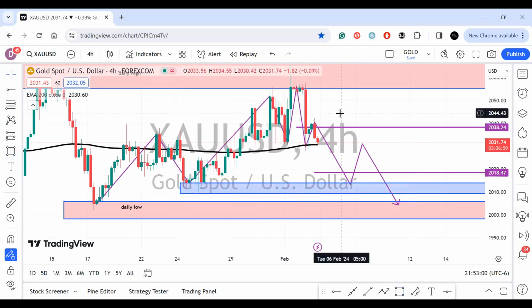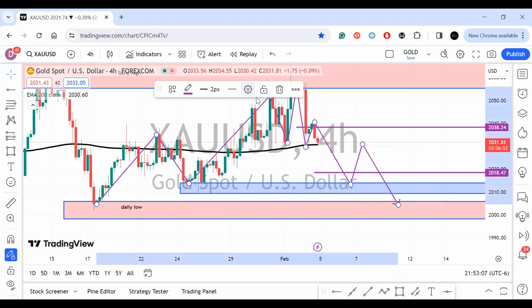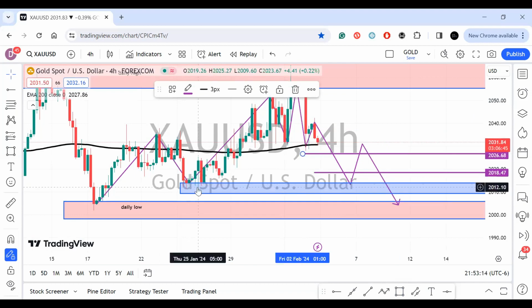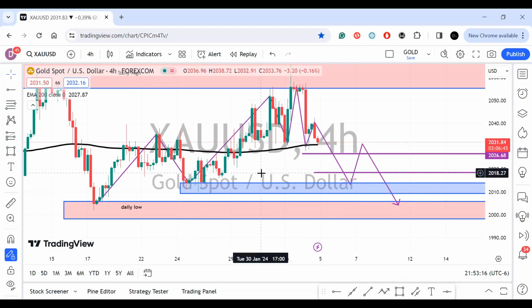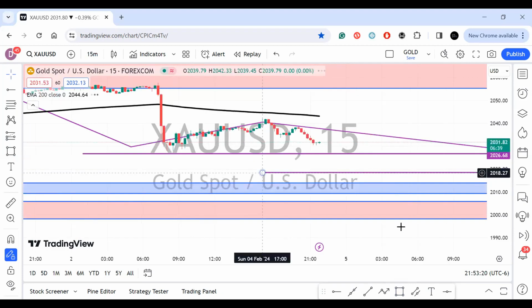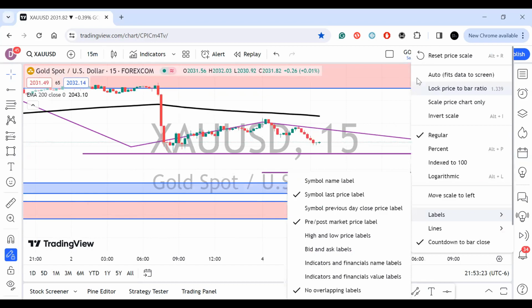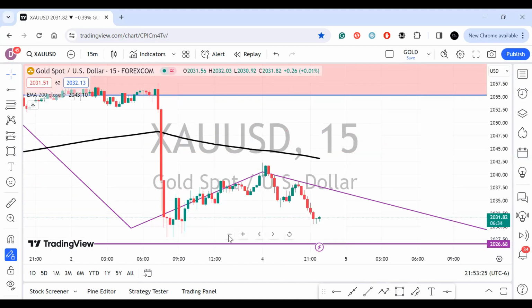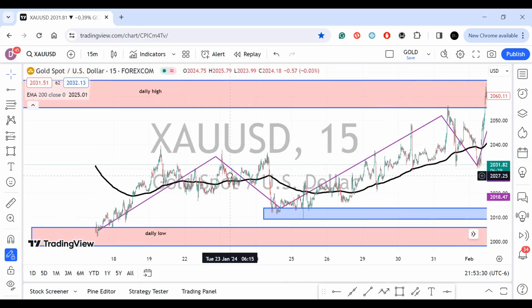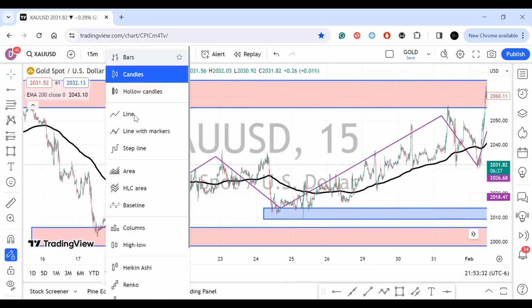We're going to go down to the 15 minutes time frame to see the current structures, then to know the actual points where we should be selling down to. So on the 15 minutes time frame, I'll go to line chart.